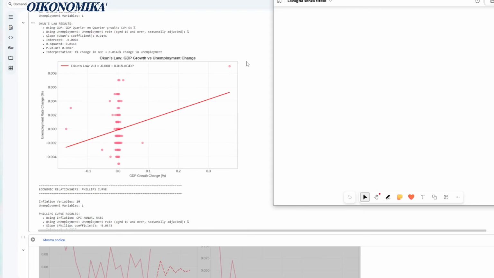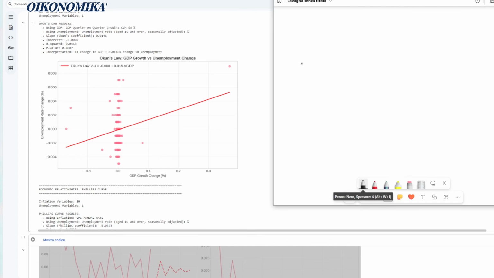So what we can extrapolate from this is something very simple. The R square is very small, so the strength of the linear relationship between economic growth, the GDP in Britain, and unemployment is not very strong. Here we have the slope coefficient and the intercept.